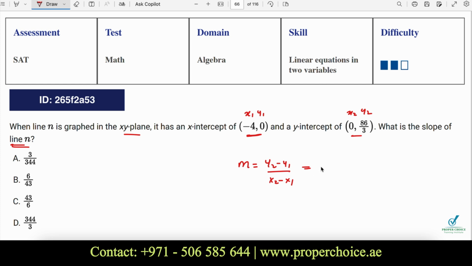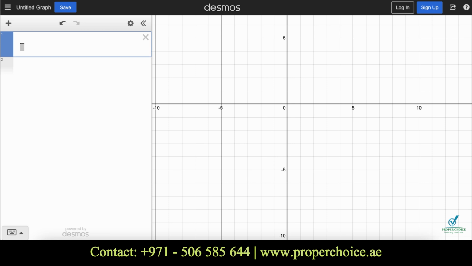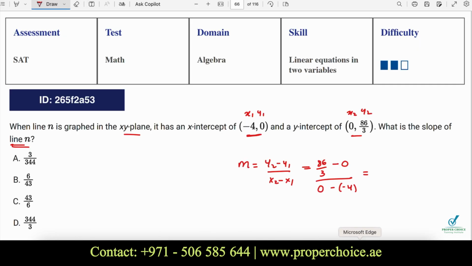We are saying y2 is going to be 86 by 3 minus y1, which is 0, divided by x2, which is 0, minus x1, which is minus 4. So if you put it in the calculator, check out what we're going to get. 86 by 3 minus 0, which is 86 by 3 itself, divided by 0 minus of minus 4, which is going to be plus 4.